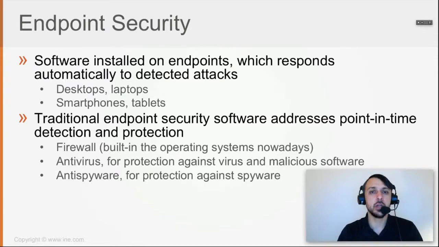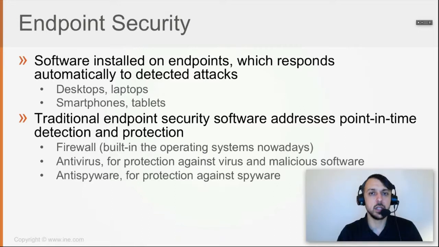But that stateful firewall is going to be able to detect an attack at a specific point in time. As the packet reaches the endpoint, it's either going to let the packet in or not. The antivirus is going to do the same thing, and the anti-spyware the same thing. As long as the packet was accepted by the system firewall, those two engines are going to inspect the packet's payload to detect if there is any malicious code, any virus, or any spyware within that packet.